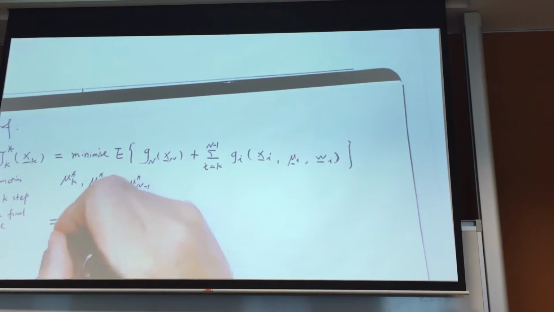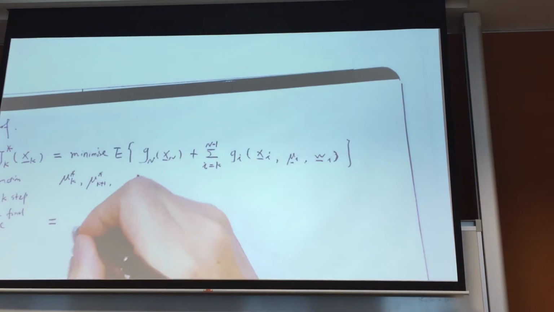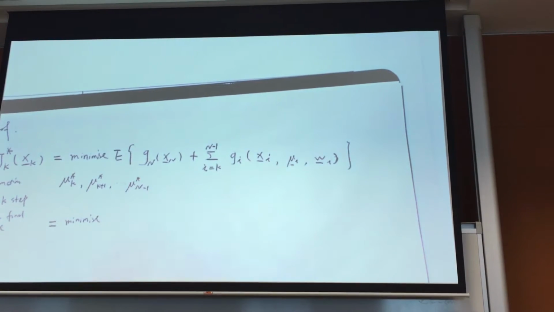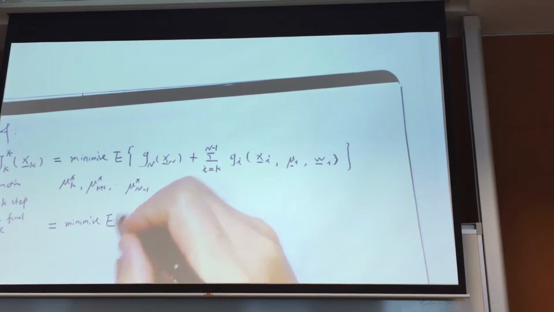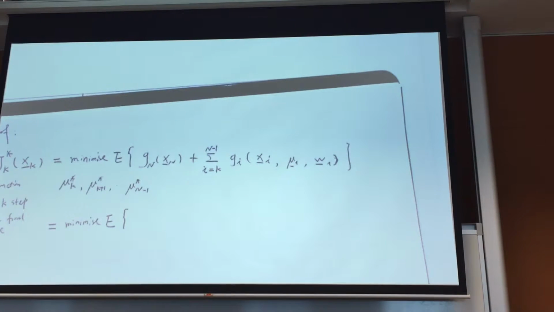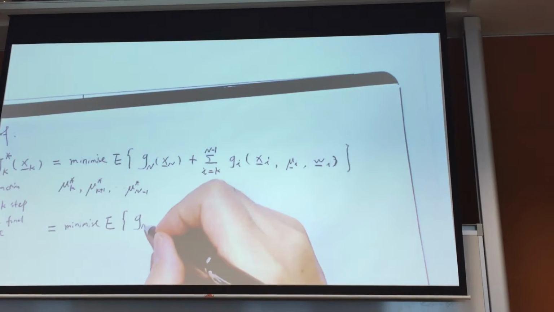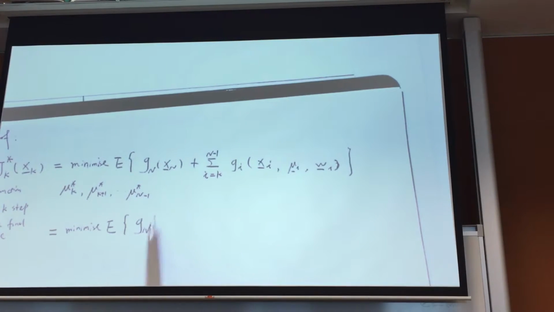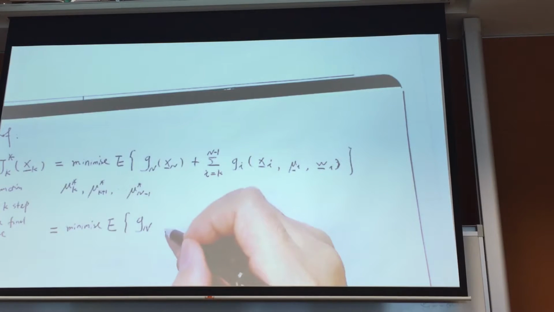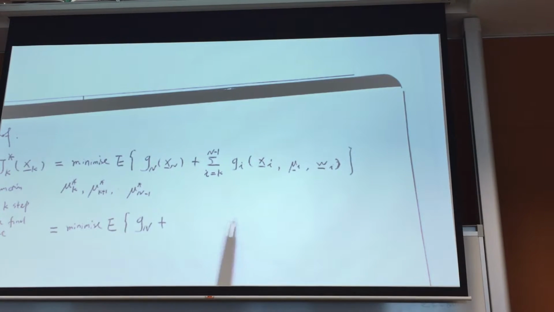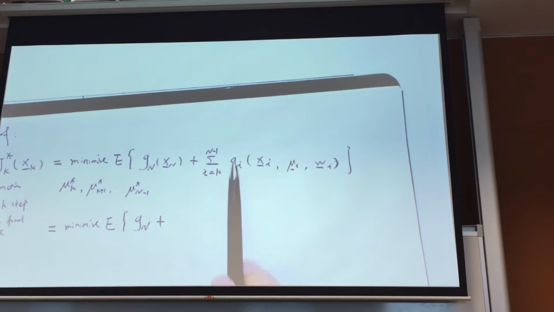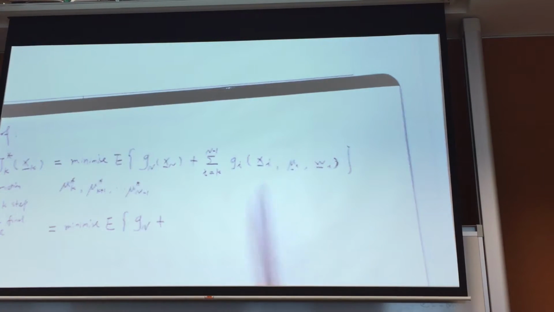So this equation can be given by, so we have this J_N. I just ignore the dependence on the state to make it easier to represent. In this function, I just divide it into two parts.